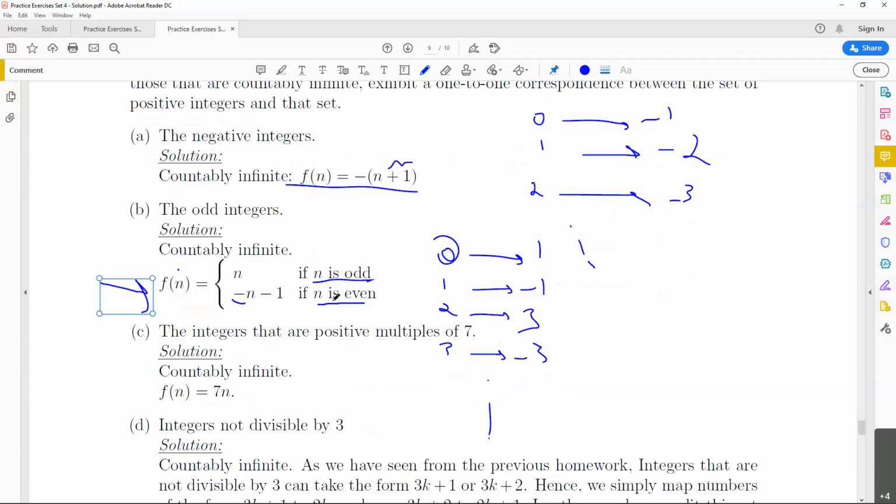No, 0 is even. So you'll get minus 1. Okay, so minus 1. 1 is odd. So f of 1 is just 1. And so on. 2 is even. Minus 2 minus 1, you get minus 3. And you keep going.